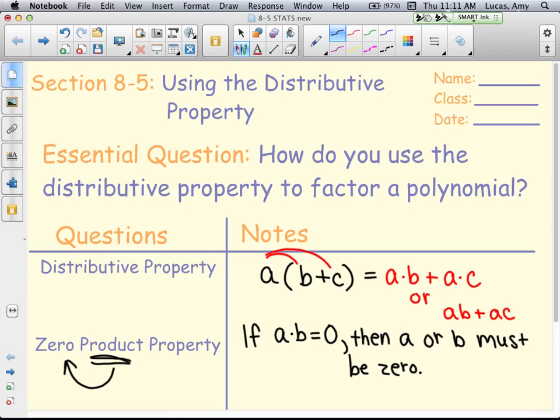So think about that. If you know the answer to your multiplication problem is 0, then one of the things that you were multiplying had to be a 0, because anything times 0 equals 0. If A and B are both not 0, there's no way that your answer could be 0. So one of them or both of them has to be equal to 0 in order to get the product of 0.